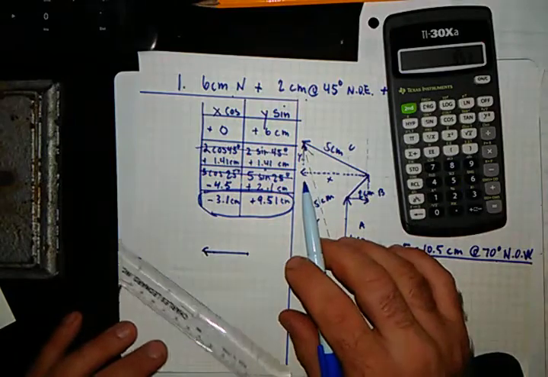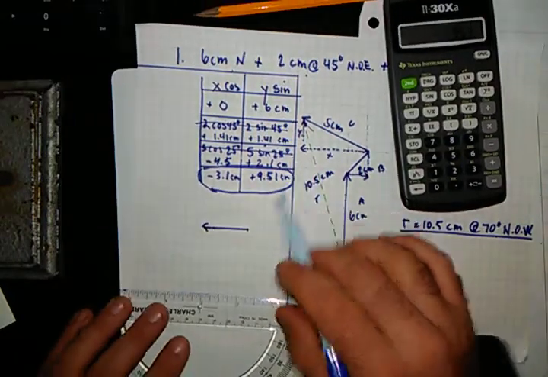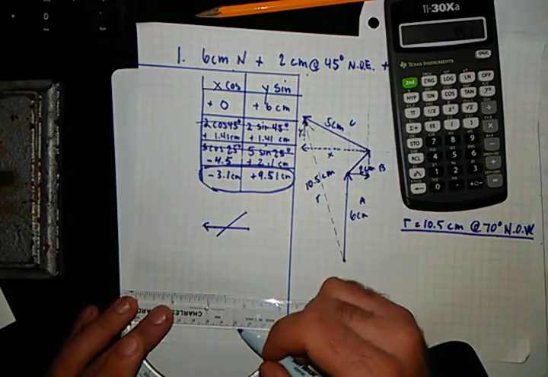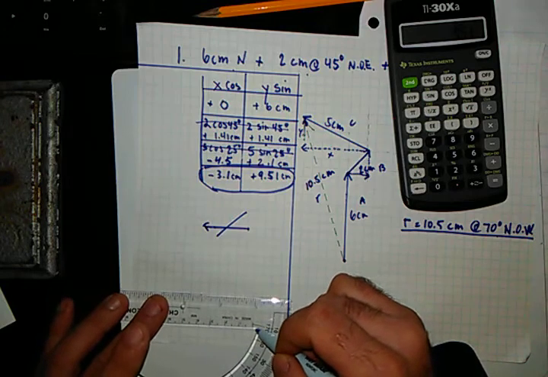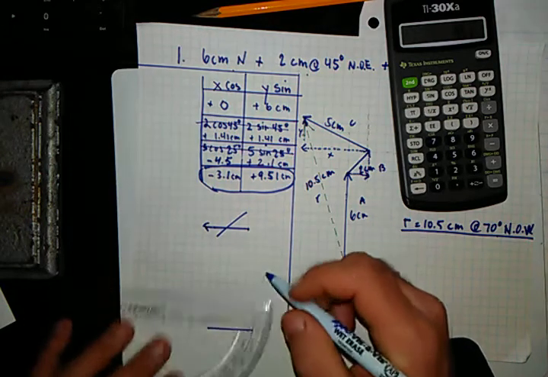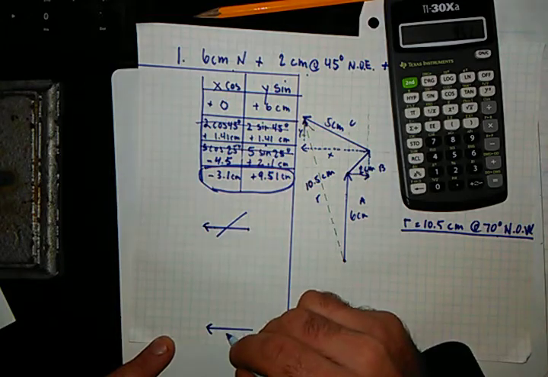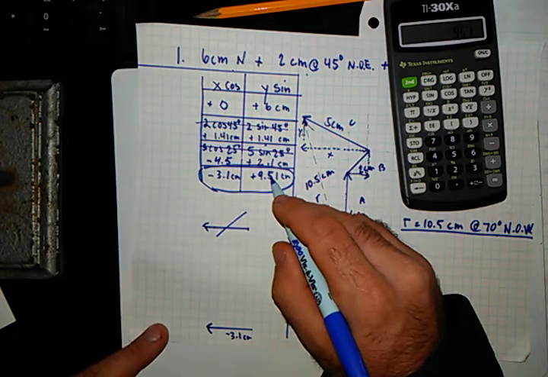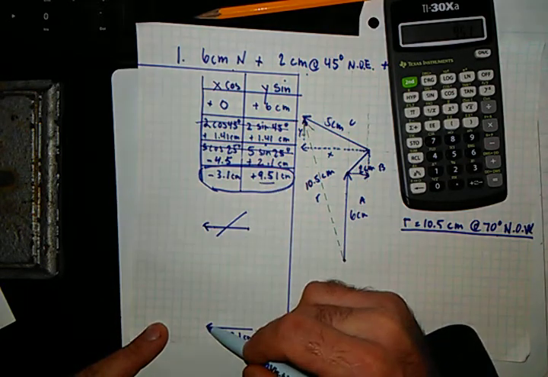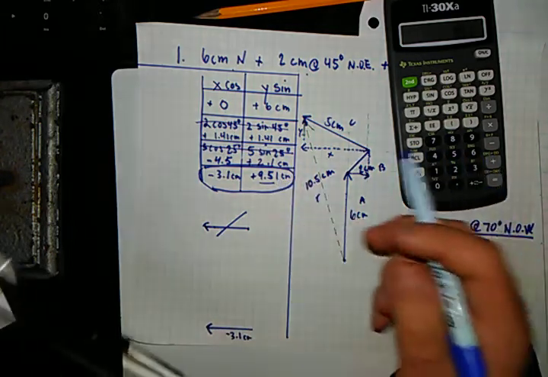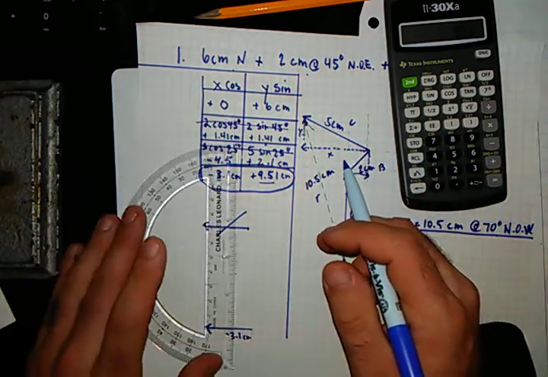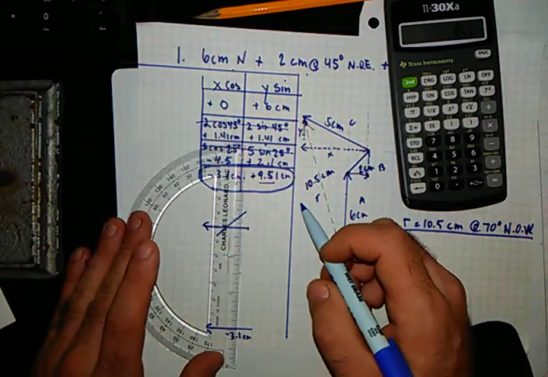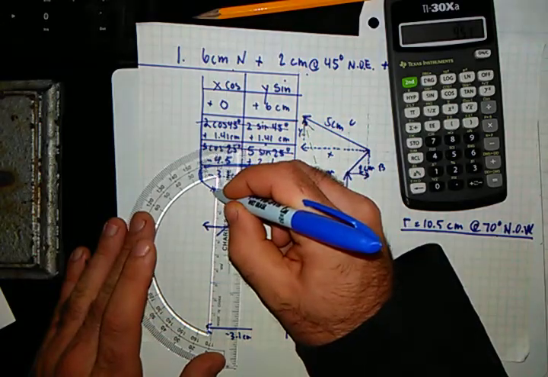I am going to strike through that and do another one down here because my space is limited. So we're going to draw our first vector, negative 3.1, the x's, and then add in this one to the head of that one. So we're going to go 9. I'm sorry about that strike through. So 9.51 brings us to about here.